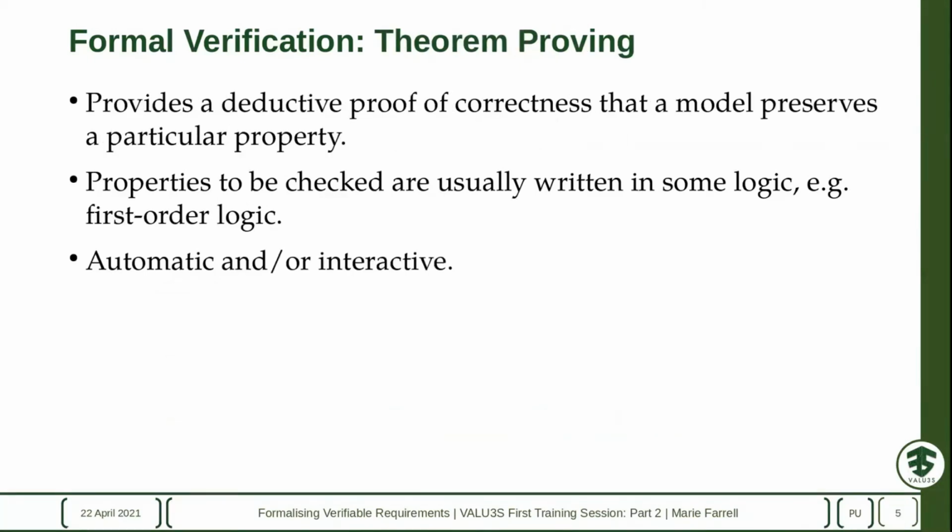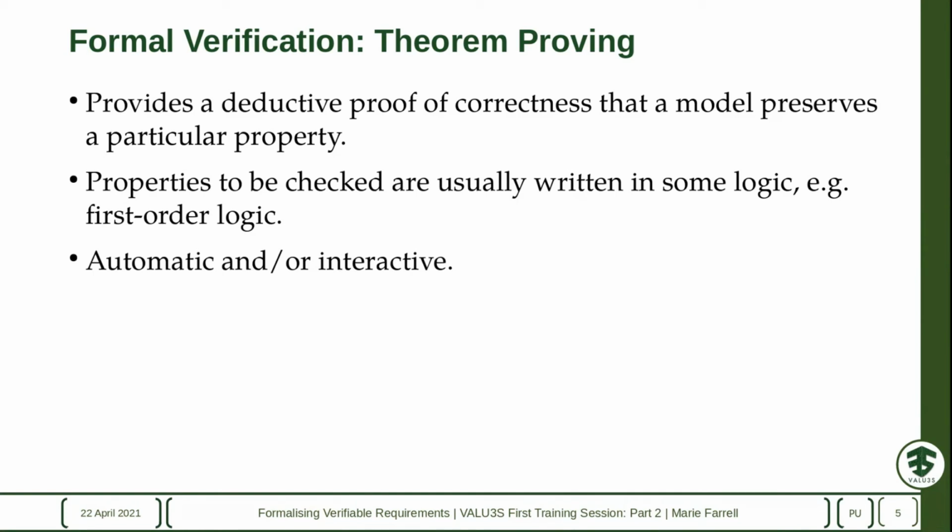So theorem proving is a little bit different. In theorem proving, you provide a deductive proof of correctness. Again, you construct some model of your system and show that it obeys a particular property. As I said, properties are usually written in a logic. There are many logics, but for example, you can consider a property in first order logic.